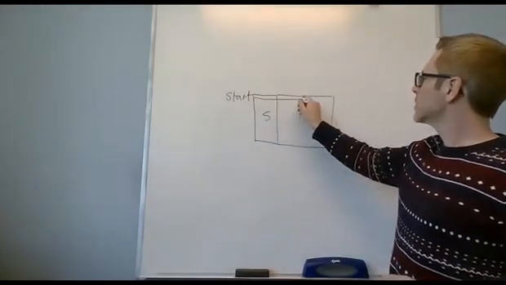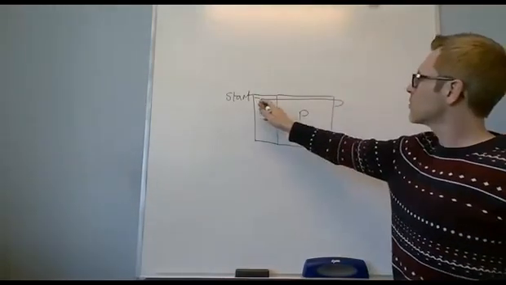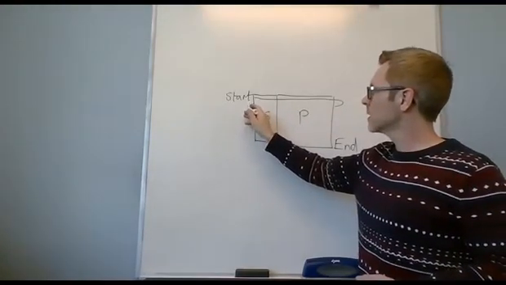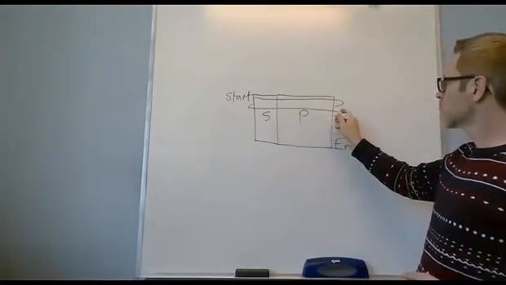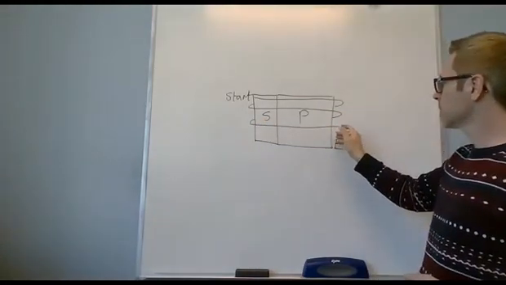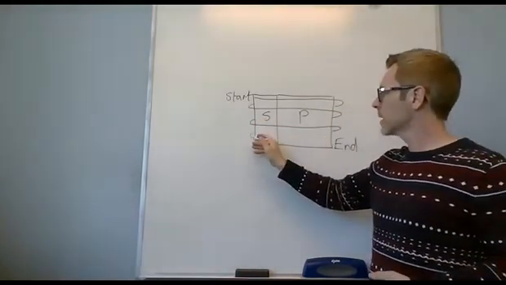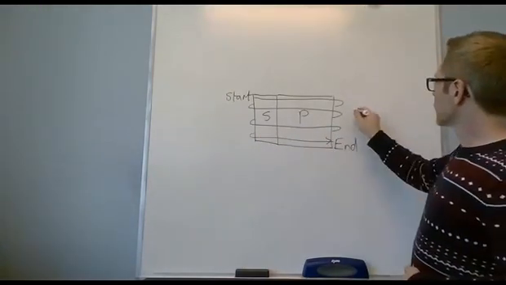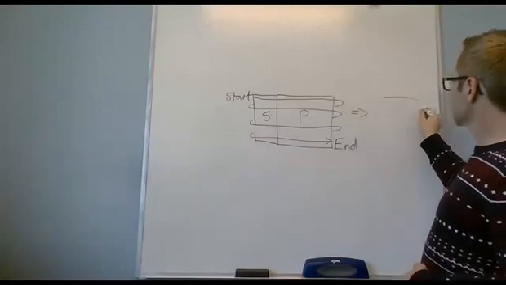So you read across, you go around the back, and you appear here. Go around the back, and then you appear here. Go around the back. So you're kind of doing this.